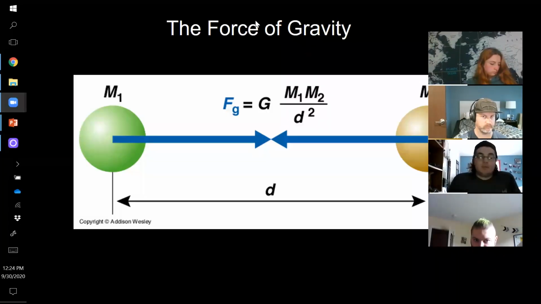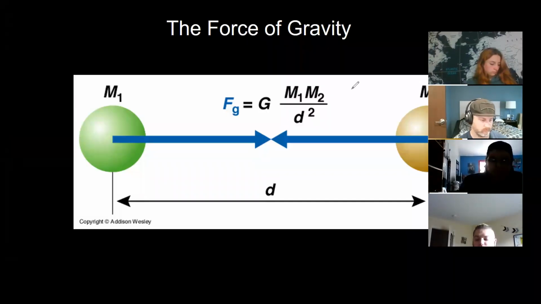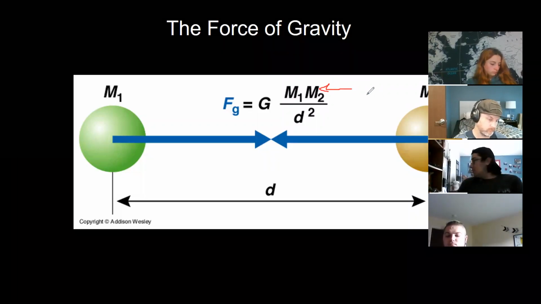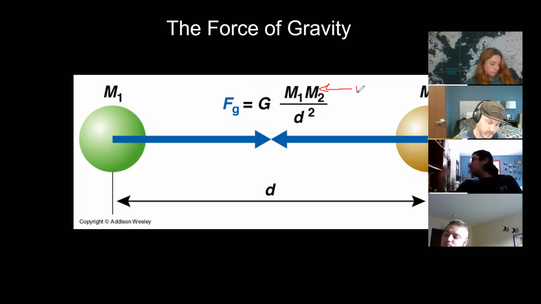All right. So, Andrew, what units are we supposed to use for mass here? Kilograms. What units are we supposed to use for distance? Meters. What units were we given for distance?